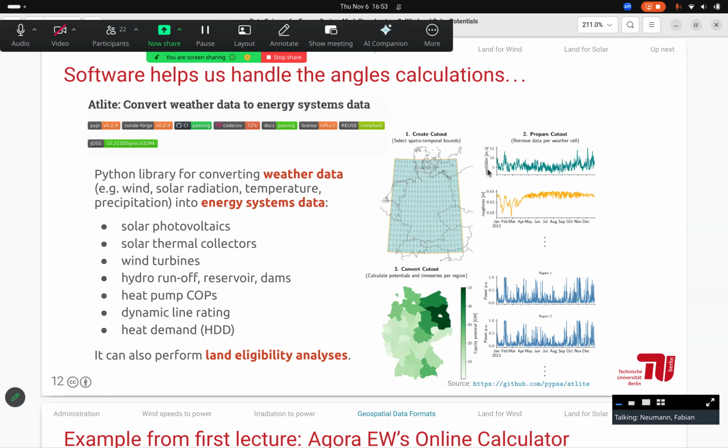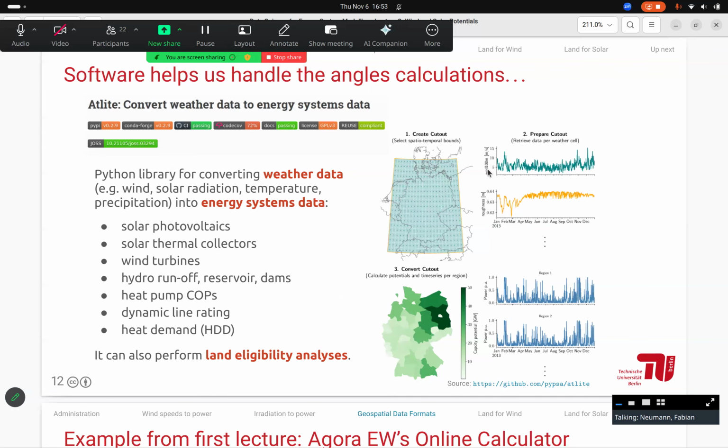photovoltaics and wind turbines, but you can do very similar calculations on the time series for hydro, run-of-river power plants, or reservoirs, or dams. You also have your heat pumps. They perform differently in different ambient weather conditions. There's also a way where you have to convert weather data like temperature into the performance of the heat pumps.